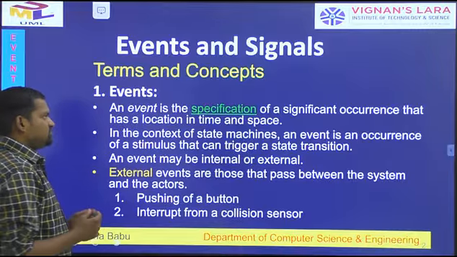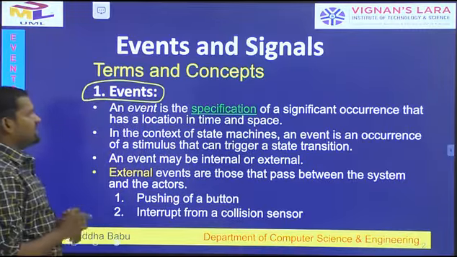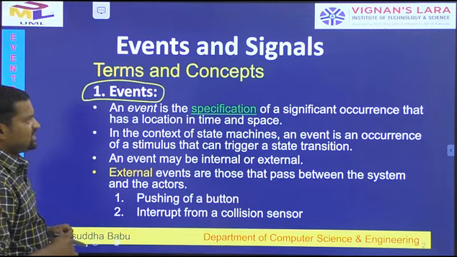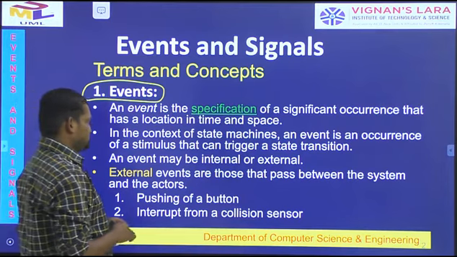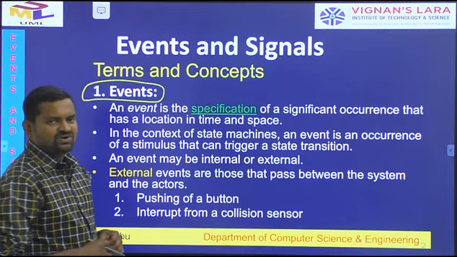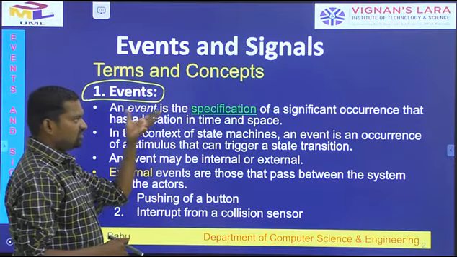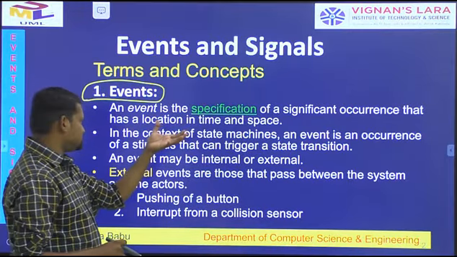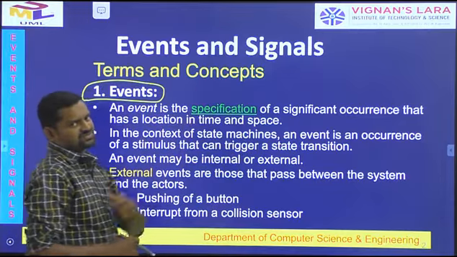First one, event. What is an event? An event is the specification of a significant occurrence. An event is a specification of a significant occurrence that has a location in time and space.